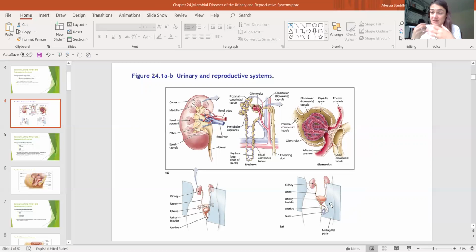If that happens, you can get all sorts of urinary tract infections, which usually stem right here at the urethra. Males, because it's a lot longer, are not as prone to urinary tract infections. Of course it can happen, but since it's a lot longer, it's not as common with them.